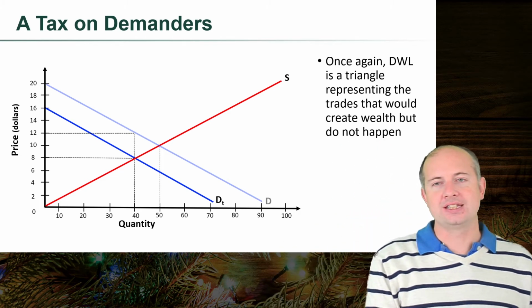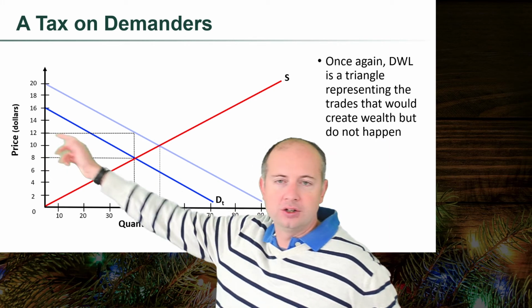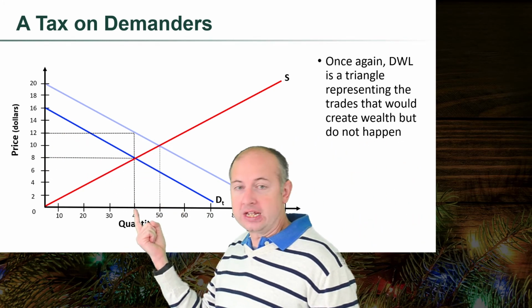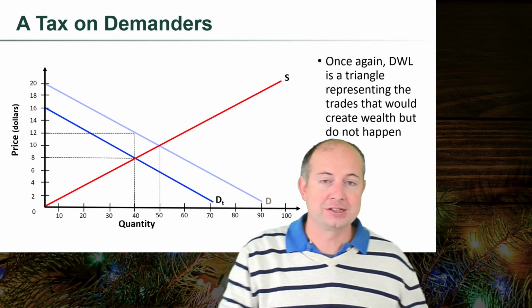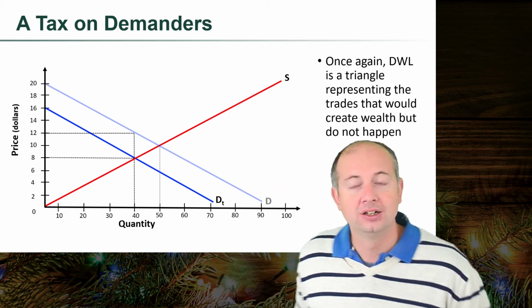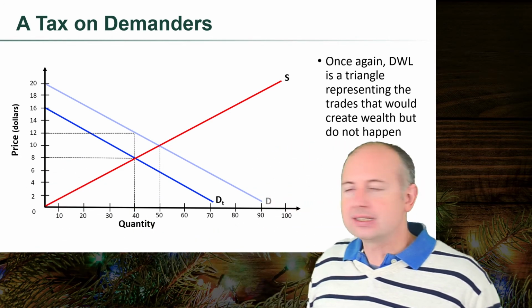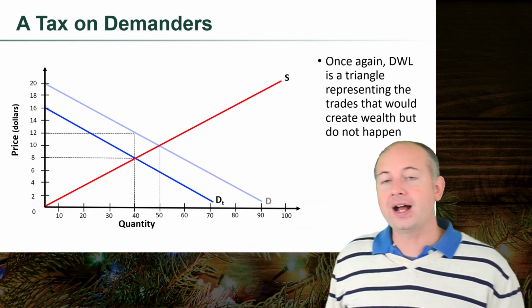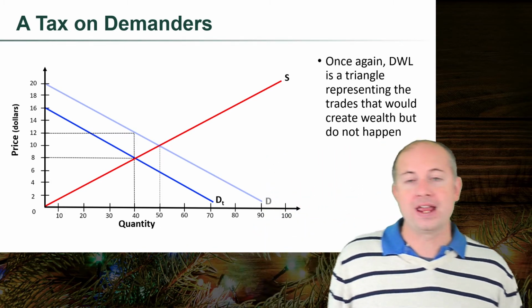So what that means is, suppose that before, if the price of cigarettes was $8, somebody would buy 40 units. Okay. Well, if we put a tax on cigarettes, and I use this as an example because cigarettes are very heavily taxed, so if we put a $4 tax on cigarettes, if I'm a buyer, I don't really care who the money goes to. I'm just thinking about how much I'm paying for the cigarettes.